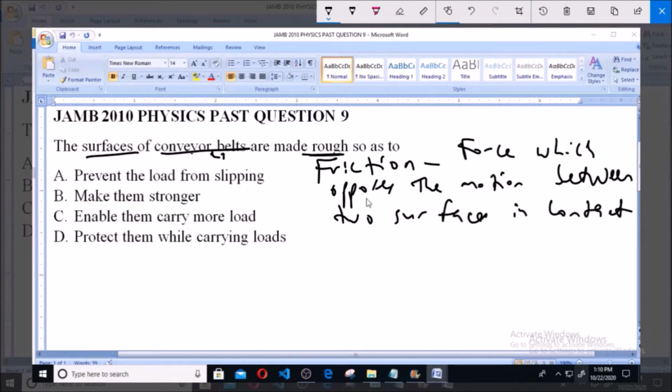So this is what friction is. So of course the conveyor belts are going to be in contact with certain parts of the machine, and hence the conveyor belt is placed there so as to help bear the particular load.